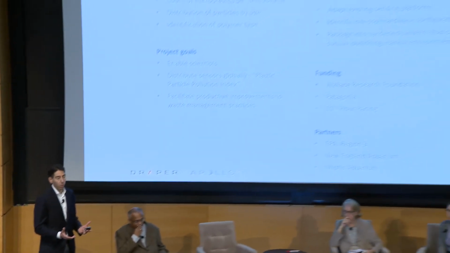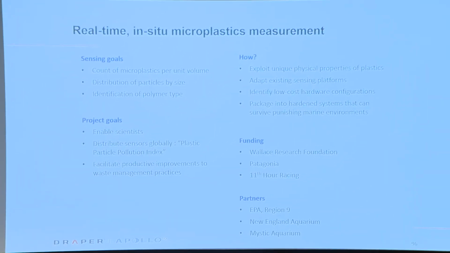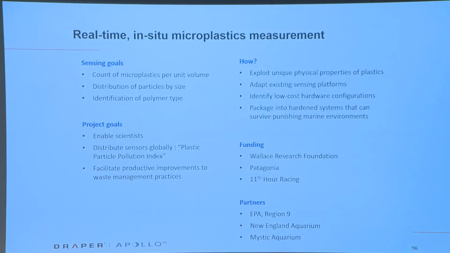So what are we trying to do? The goals are to quantify microplastics in the aquatic environment. That can be a count of the microplastics per unit volume, a distribution by size, and identification of polymer types. Those are some of the primary goals. Just thinking a little bit more broadly, as I mentioned, we want to enable science.